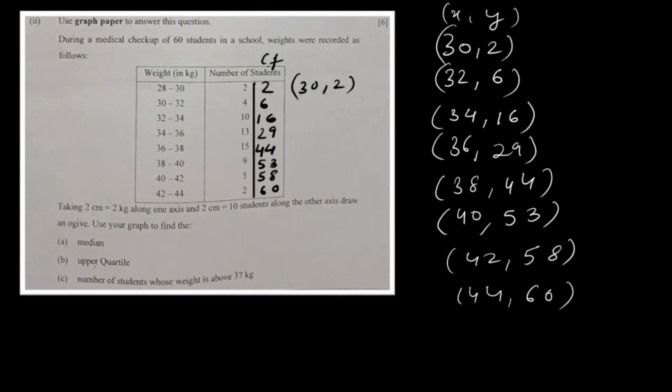This is origin. On x-axis, we have to write the class intervals. Like here, what are the intervals? Same, we have to write it starting from 28 till 44. So 0, this is 28, 28 to 30, 30 to 32, then 34, then 36, then 38, 40, 42, 44.